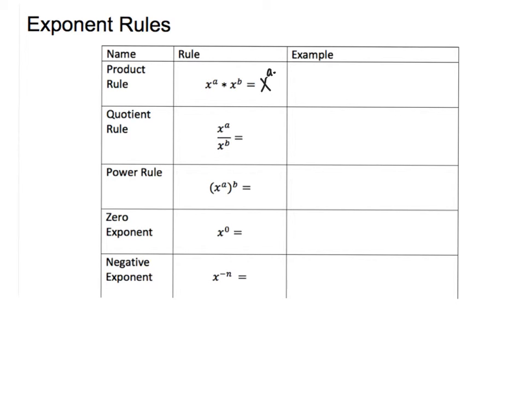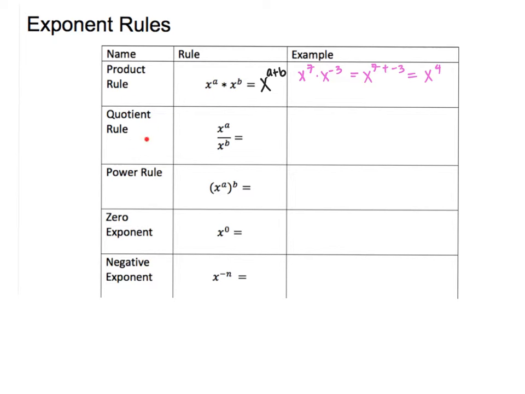So in this case, I'm adding a with b. To give you a short example, let's say x to the 7th times x to the negative 3rd power. Well, in this case, you're adding 7 plus negative 3, which is x to the 4th power. And so there we go. We've used the product rule to simplify this math expression. So we're just adding the exponents when we multiply.